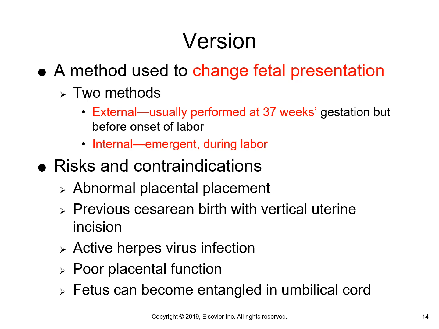Because that is not the ideal presentation that you would want when the baby is coming out of the pelvis. So there's a method that the physician can do to change it. There's external, which is usually performed at 37 weeks of gestation, but before the onset of the labor. Okay. Internal is emergent, and this one is actually during labor.